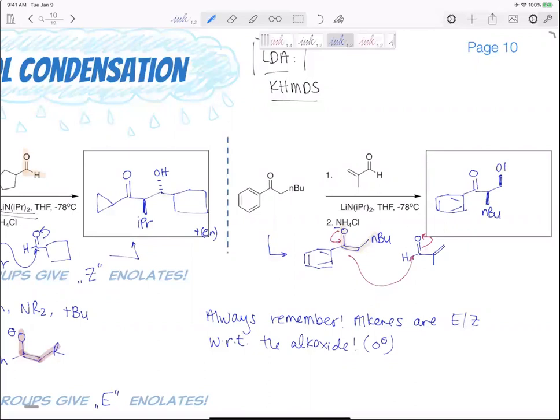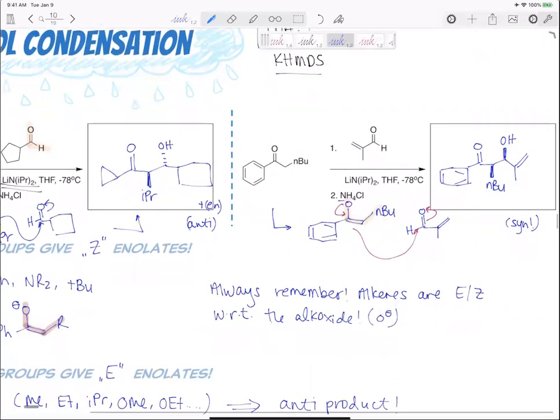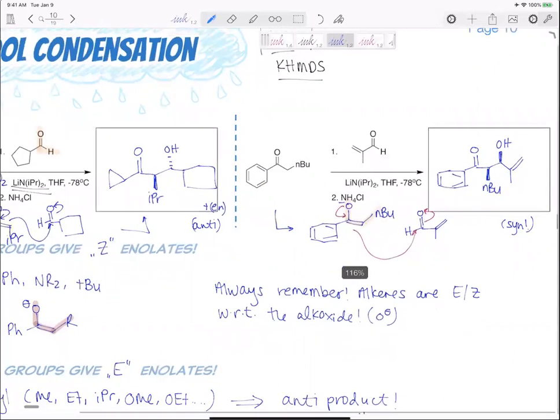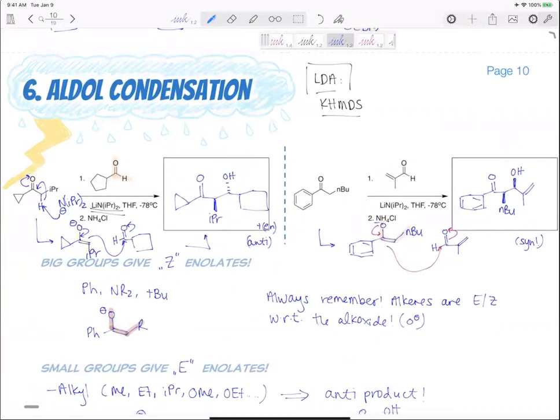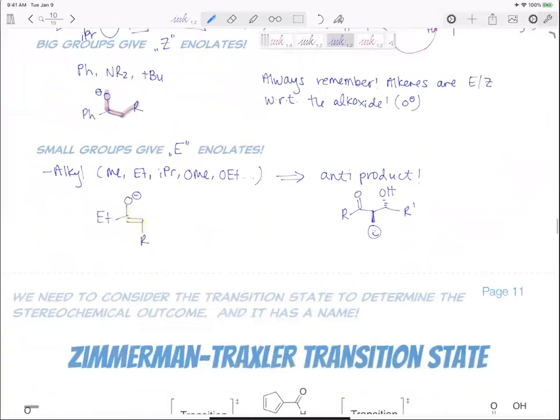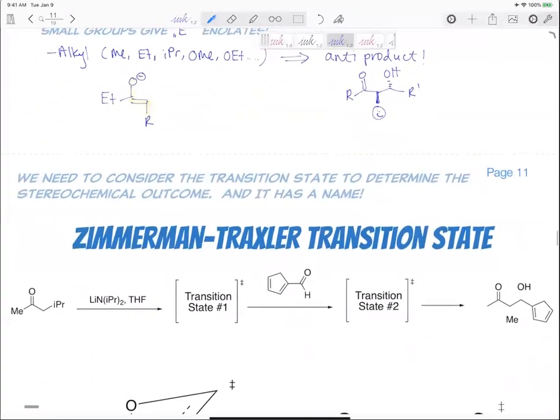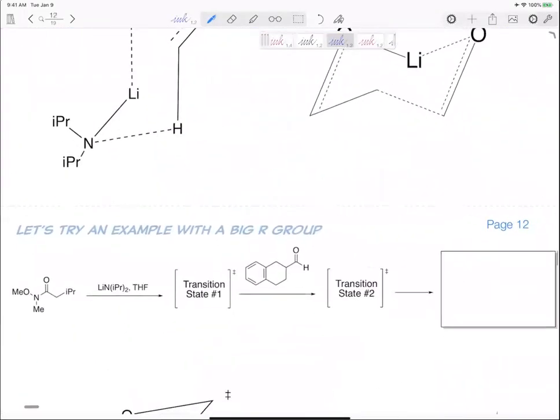So we have OH right here and down, syn. So this is anti, and this is syn. Yes, the small group here was the cyclopropane. But I think in the next few examples, I gave you really explicit ones like methyl, and big groups like the vinyl one.